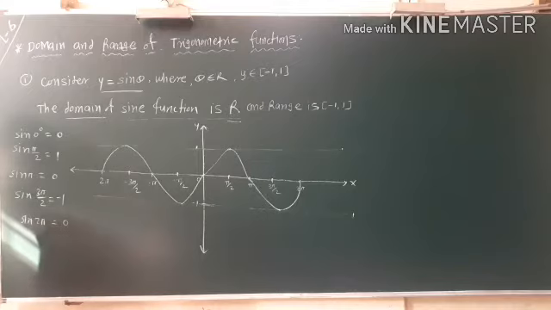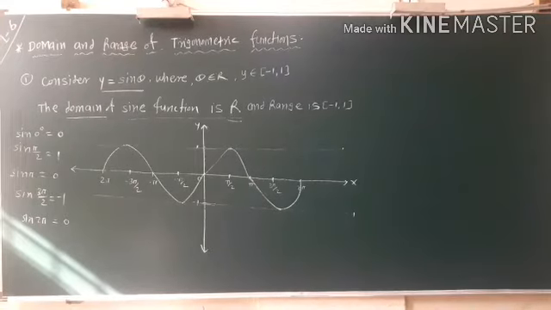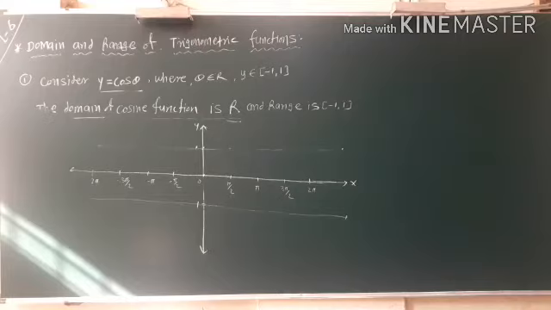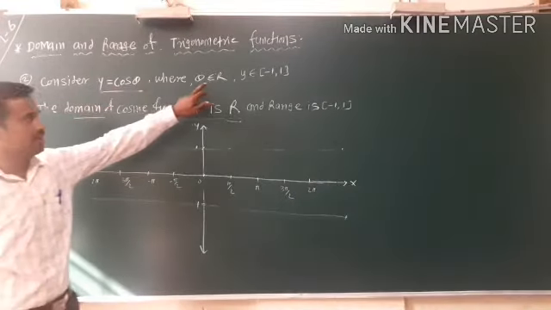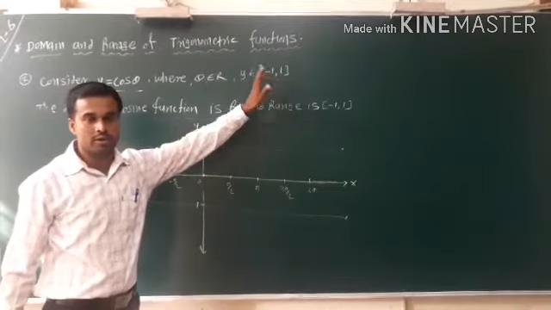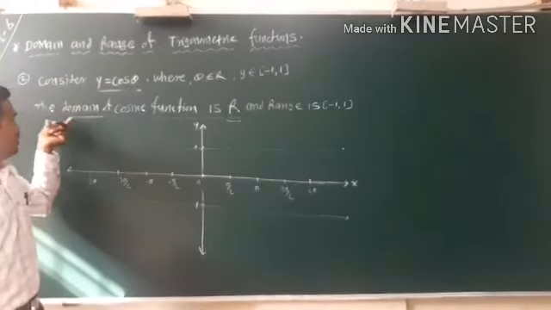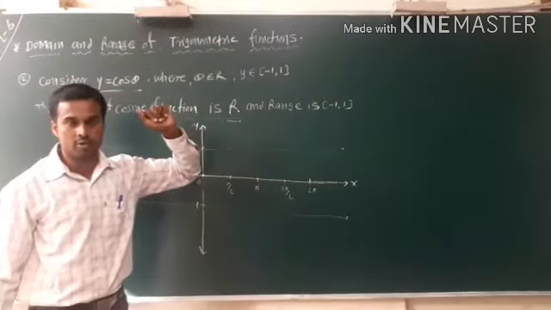Similarly, the next point is y equals cos theta, where theta belongs to R and y belongs to the closed interval [-1, 1]. The domain of the cosine function is R and the range is -1 to 1.